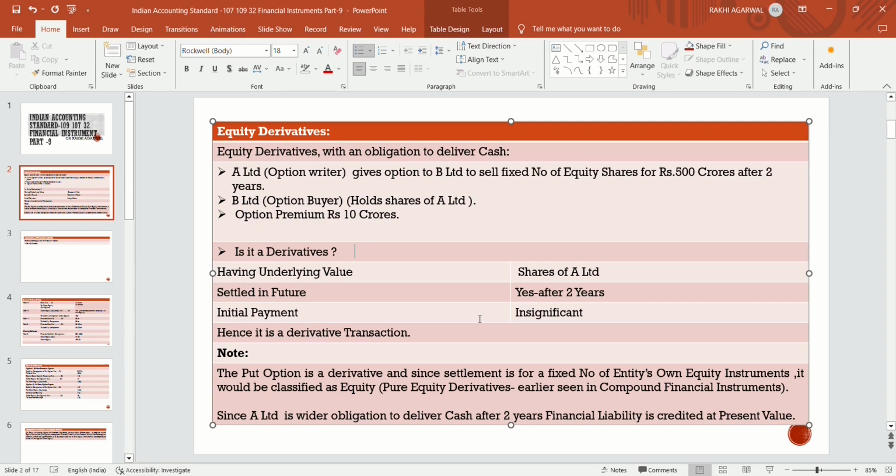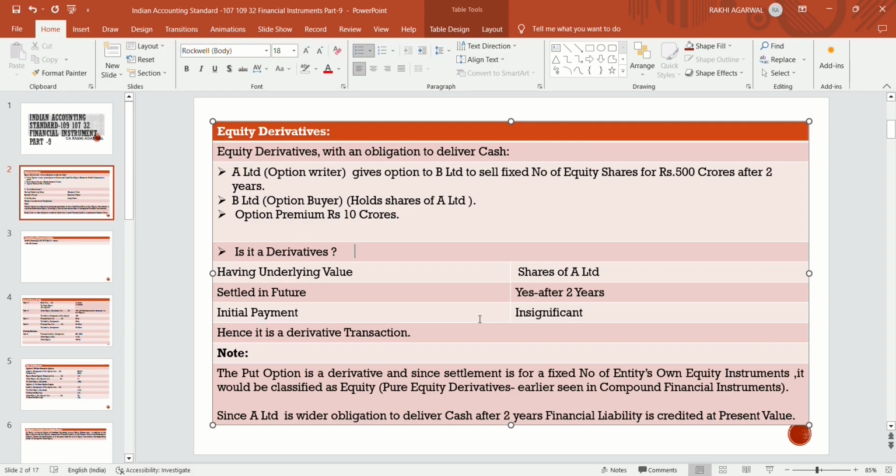B Limited is holding the shares of A Limited. Here the number of shares is fixed and the consideration is also fixed, which is to be settled after 2 years.